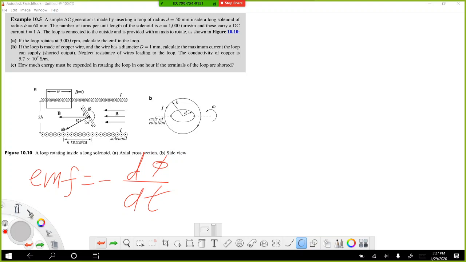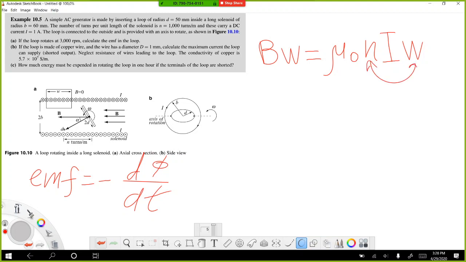Let's take into account this contour with the width of W. According to Ampere's law, B multiplied by W should be equal to mu 0 N multiplied by I multiplied by W, where N is the so-called turns per unit length, and multiplied by width it gives you the total number of turns. That's why we write N by W.